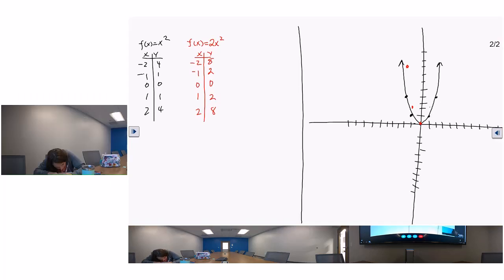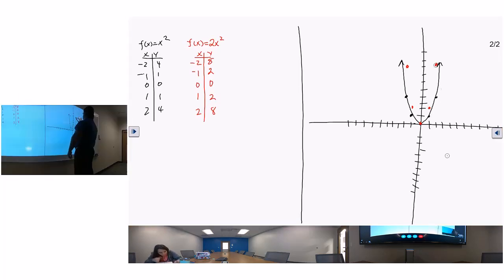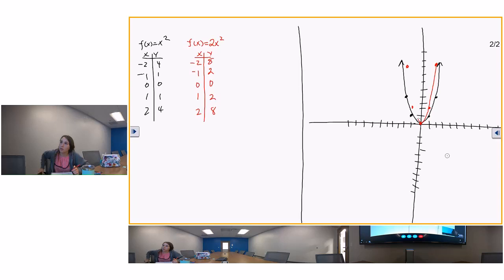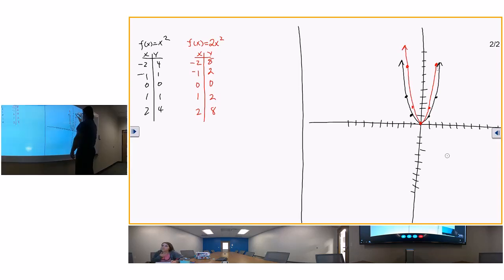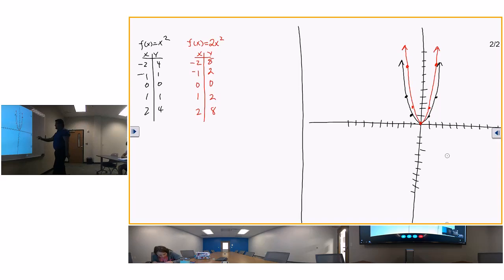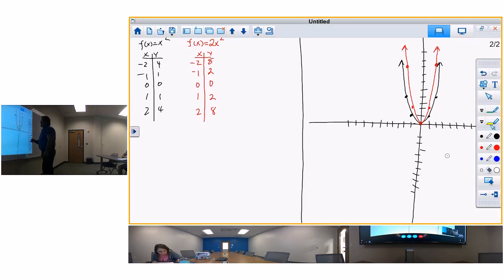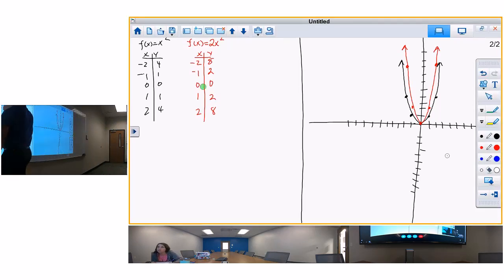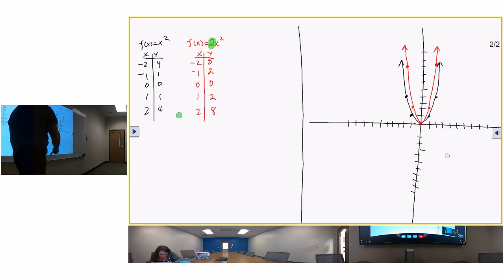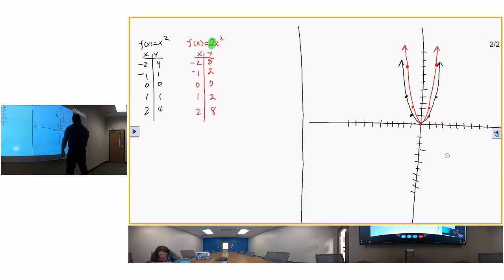What happened? It's getting narrow. More narrow than the basic model. Write that down. And highlight that 2. Highlight this 2 right here. And put down at the bottom, more narrow.